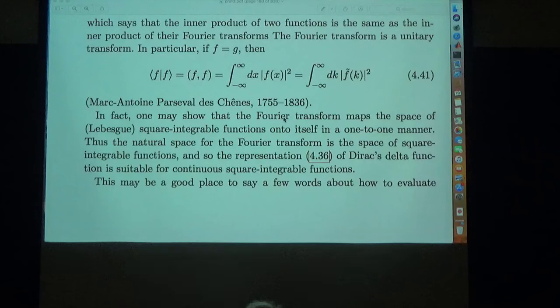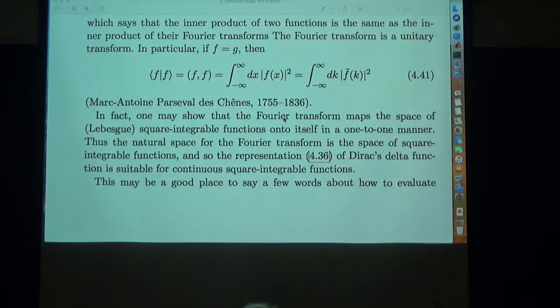Because if you have the Lebesgue definition of square integrable functions, then the Fourier transform maps the space of square integrable functions onto itself in a one-to-one fashion. And that's exactly what you want in a mathematical relation. That's why the Fourier transform is so important in mathematics and especially in physics.